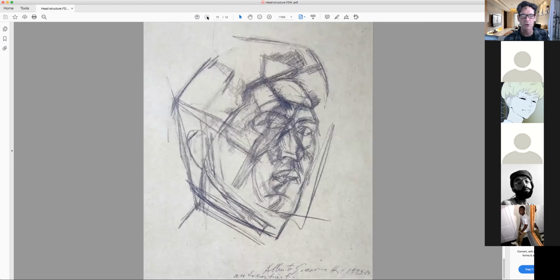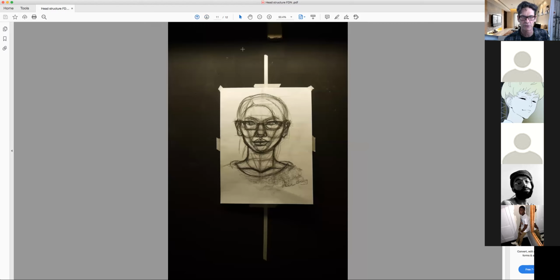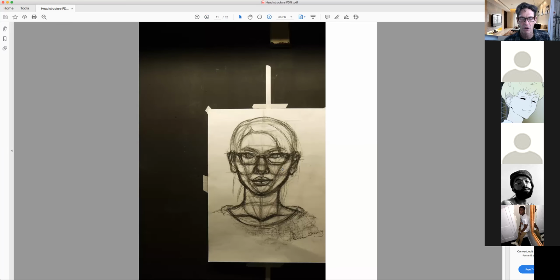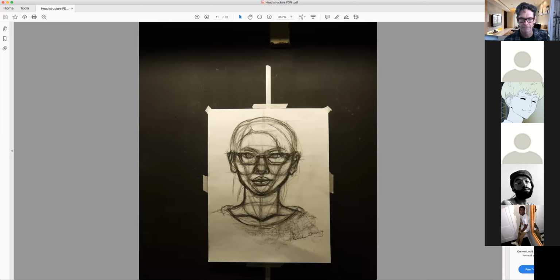Before we go to that, I'll just show you a couple of other drawings that really use comparing. If you look at this drawing, there's a lot of comparing where things are. Where are you seeing the eyes in relationship to the corner of the mouth? That's why there are lines here, because you have to make these kinds of comparisons.